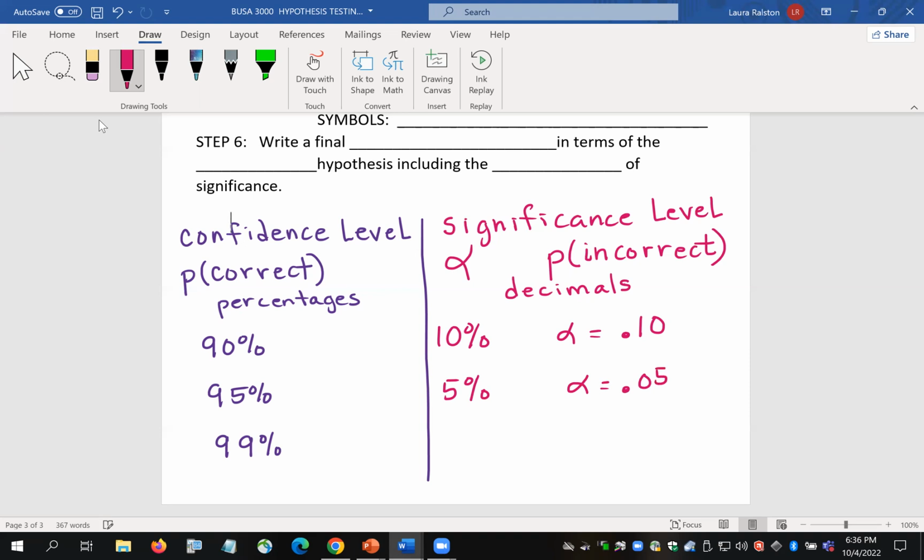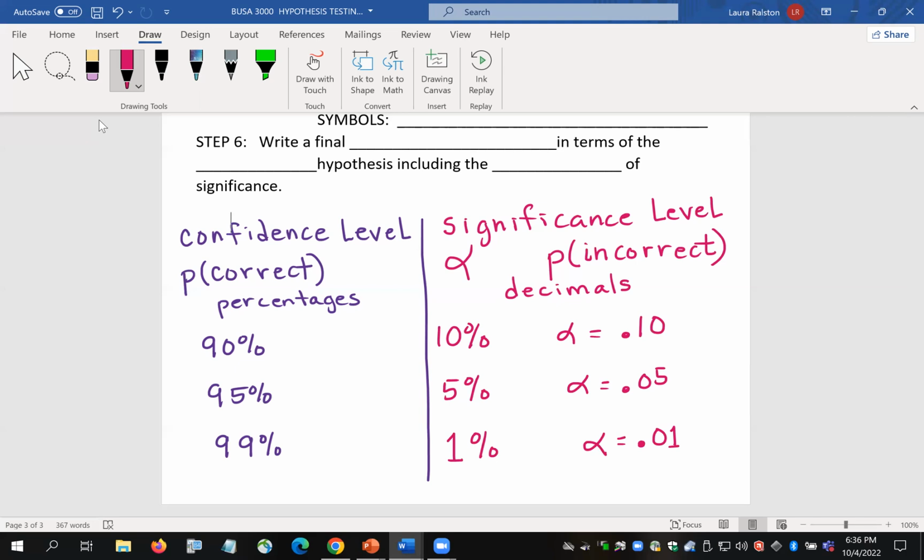There's a 5% chance that I'm wrong. With 99% confidence, there's only a 1% chance that I am incorrect, which is 0.01. Again, those are the three most popular significance levels.